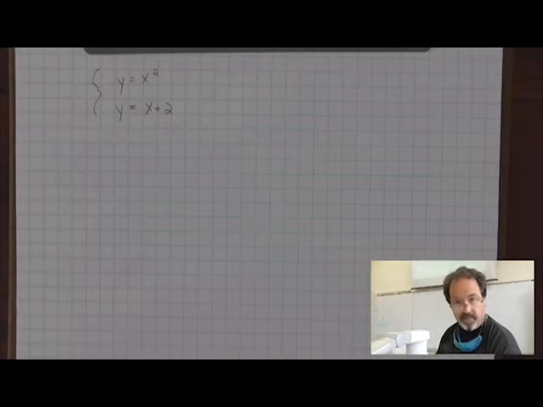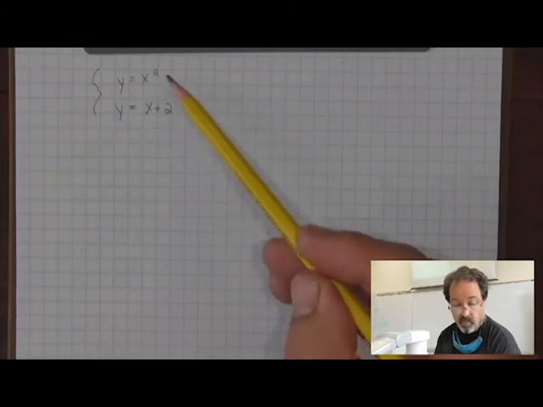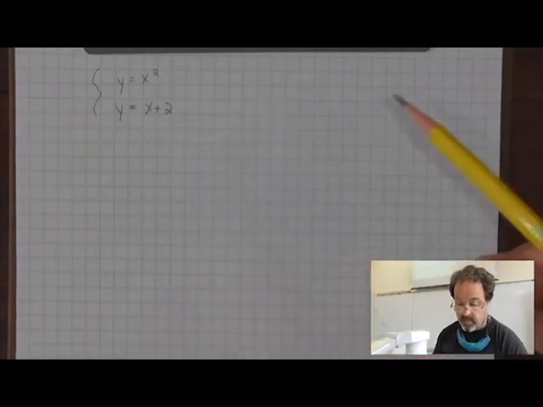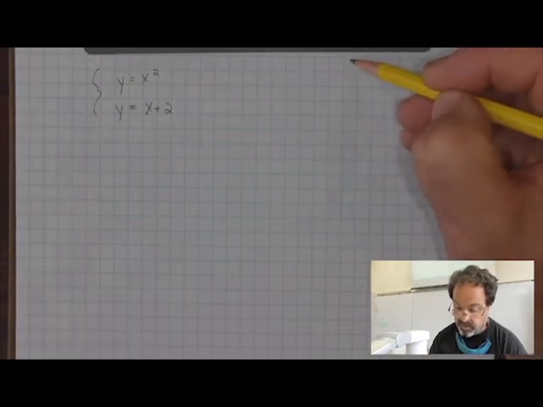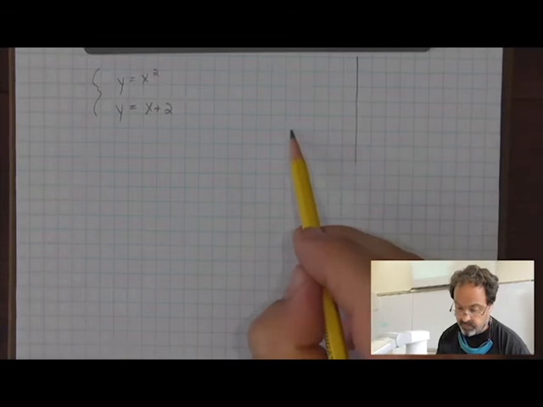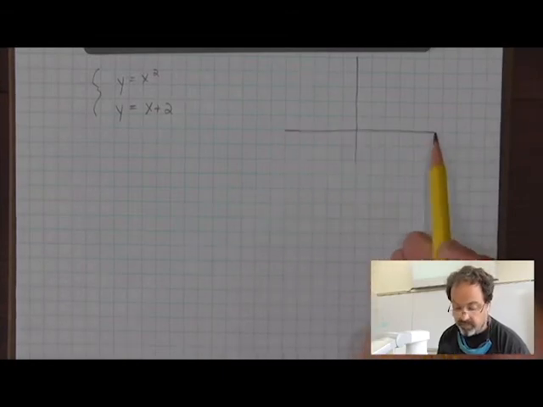And further, this lesson is going to show that I can find those values as intersections. Intersections on the graph where these equations cross each other. So if I'm going to find solutions as intersections, then I'm going to need to graph these two equations.